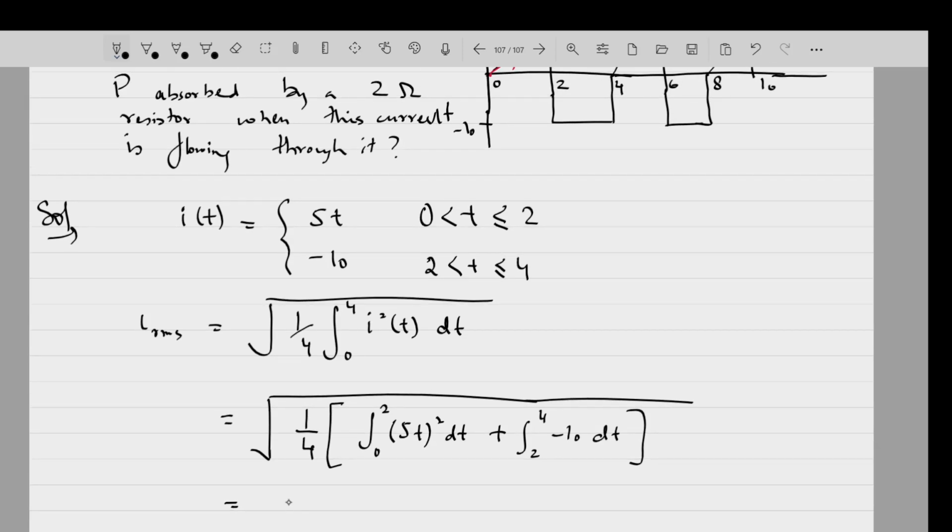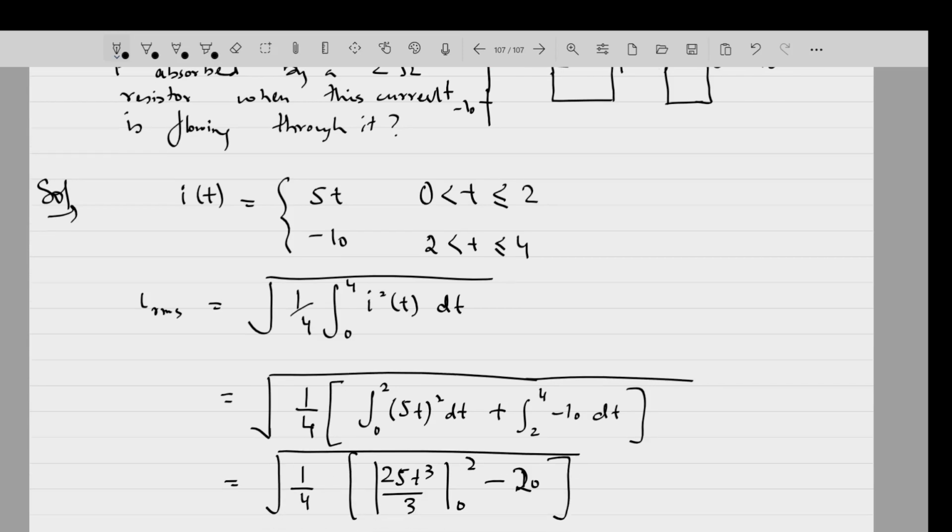So this becomes 1 by 4, 25t cube by 3 with limits 0 to 2, plus, minus rather, 10 square, which is simply t, so 4 minus 2, giving 20, and all of this under the square root.